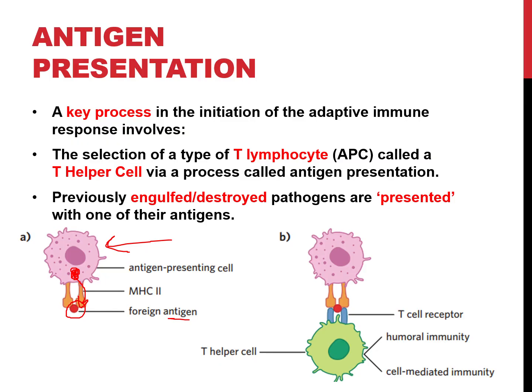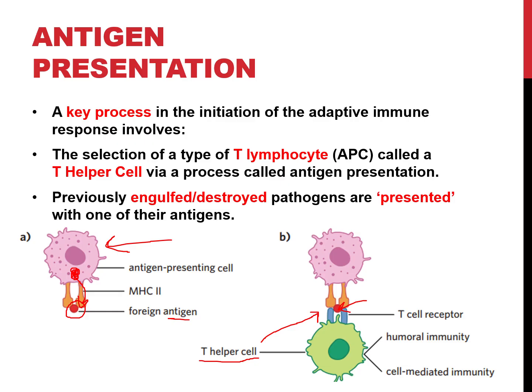What happens in here is that the presented antigen will then find its corresponding T helper cell. This T helper cell will be specific to, unlock I guess is the wrong word, but to stimulate the T helper cell, which will then cause other things to occur.